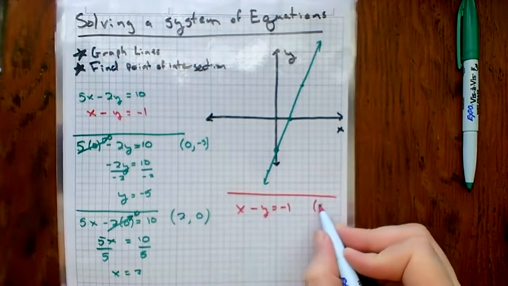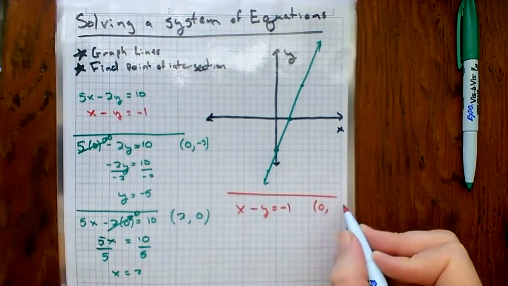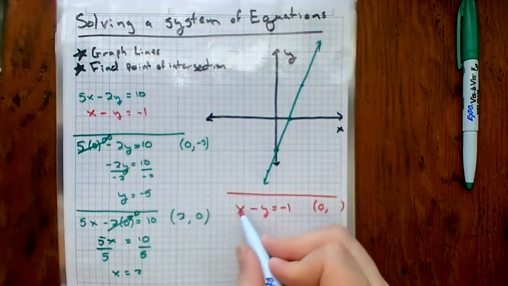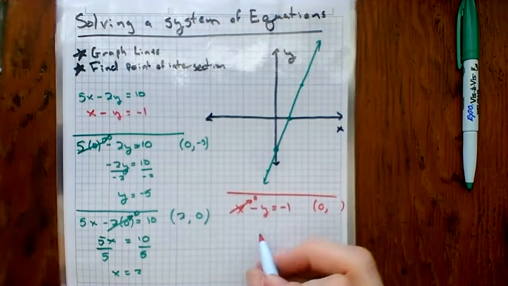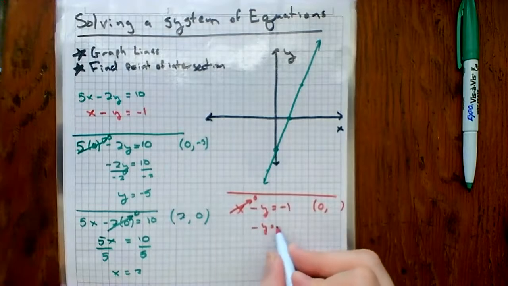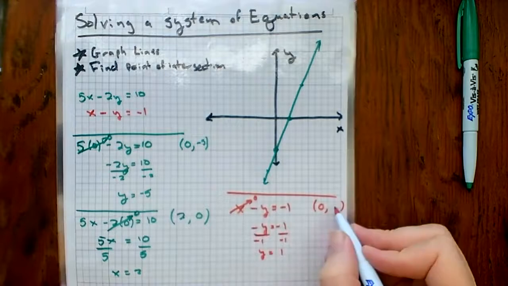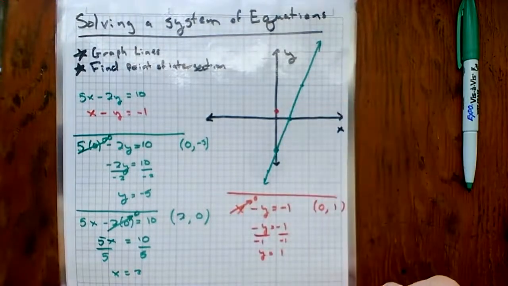And once again, I'm going to say my x is equal to 0. And when I do that, that means this whole x right there is just going to be 0. So I'm just going to have negative y is equal to negative 1, and I'll divide both sides by negative 1. So I'll end up with y is equal to 1. Right there.